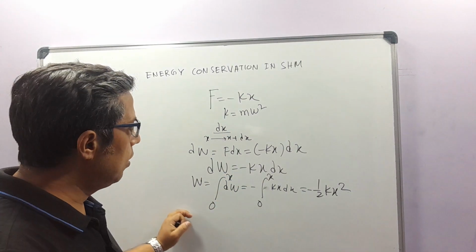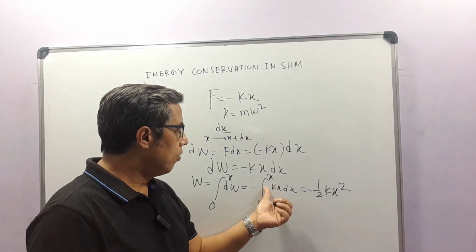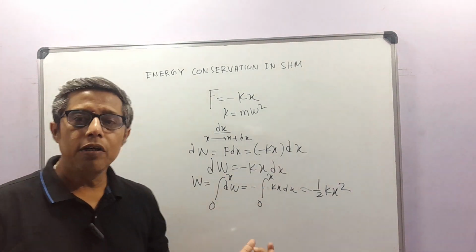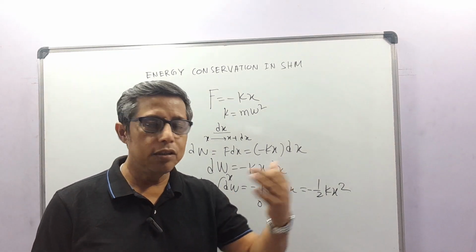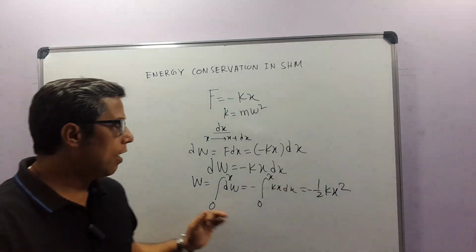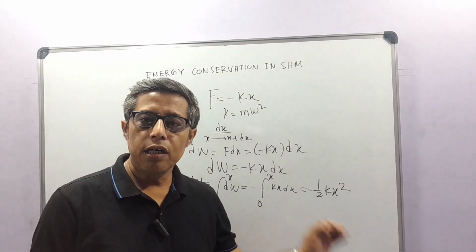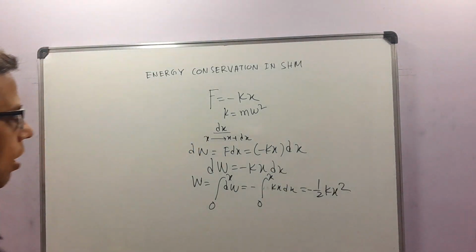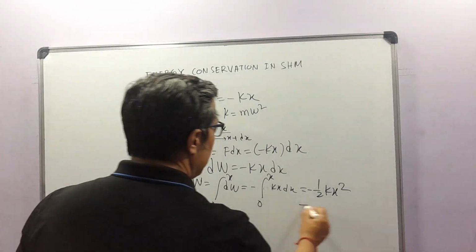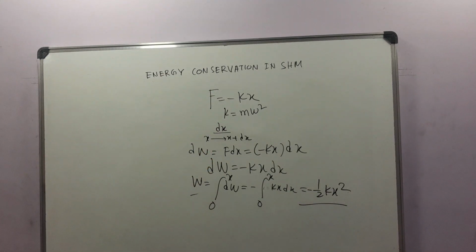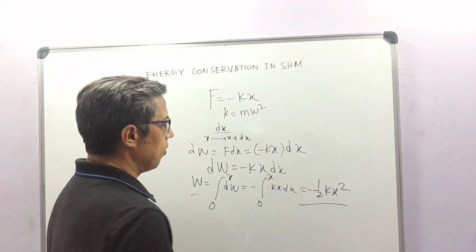Now we will correlate the potential energy with the work done. We know that the change in potential energy from the 0 position to the x position is the negative of the work done. We have received the work done as minus half kx square.